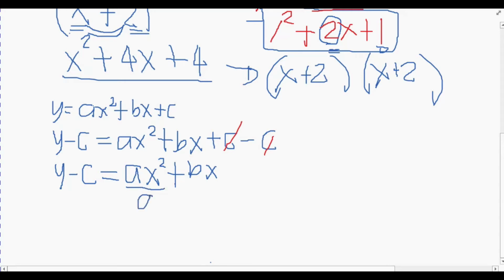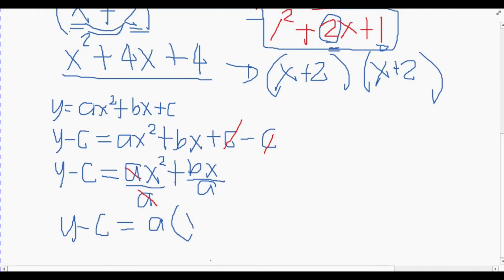So y minus c equals a times, cancel the a, x squared plus b over a x.